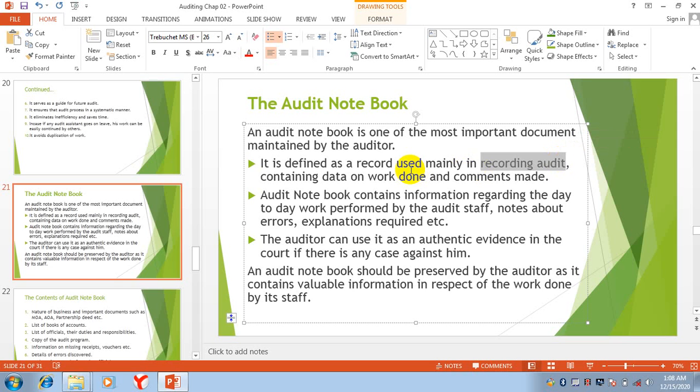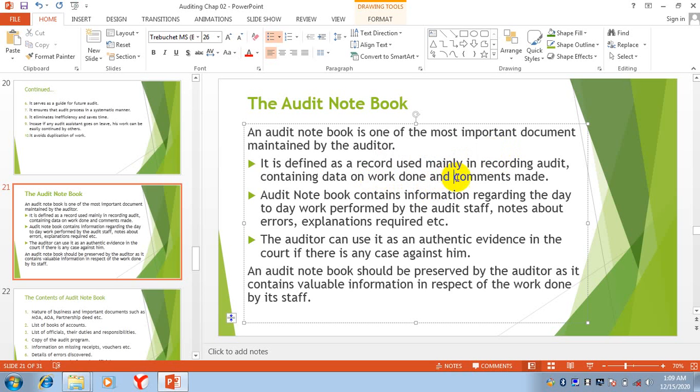He is recording each and everything about the progress of the audit, containing data on work done. What is done, we are writing it. What is left, we are not writing in this. So what work is done, we are recording in the audit notebook.